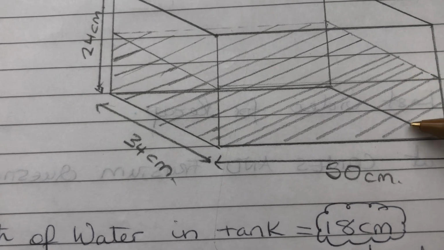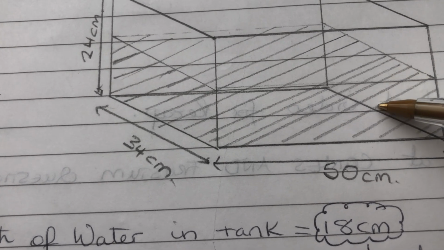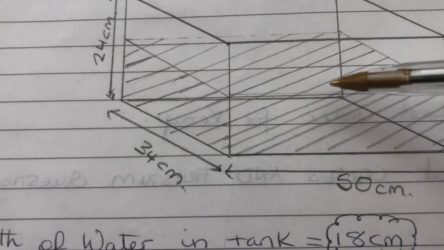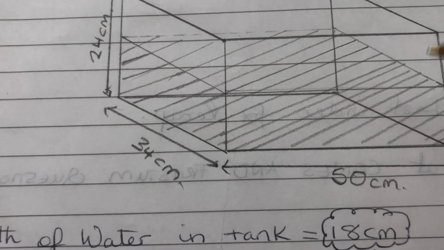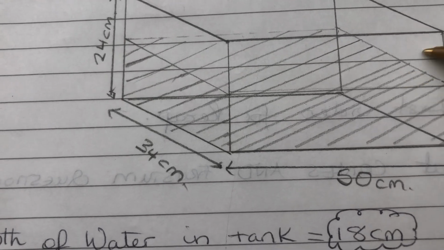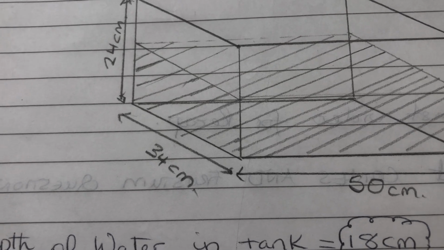Otherwise, if the tap is here and the water is there, after this point they won't get the water. But with these spheres submerged, the water can rise, and then they can get some water out, for some vulnerable people.